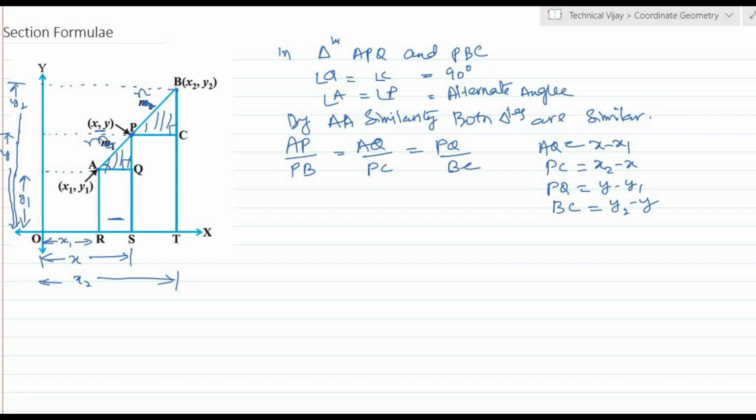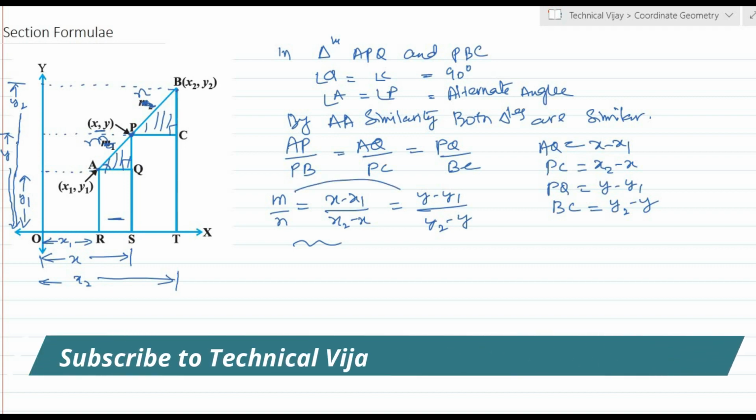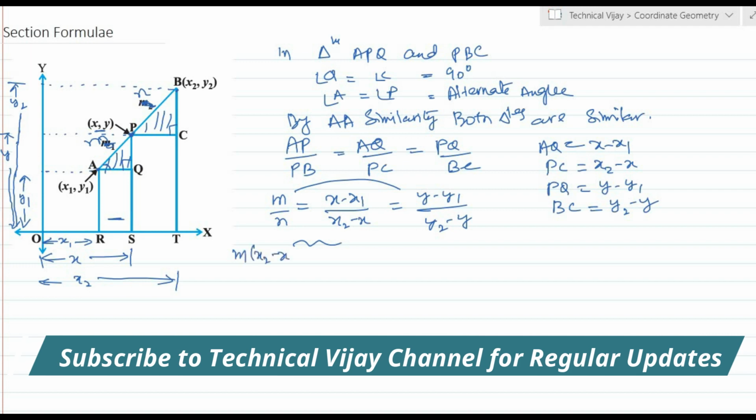AP by PB, AP is m and PB is n. So m divided by n is equal to AQ by PC, that is (x minus x1) divided by (x2 minus x), which is equal to PQ by BC, that is (y minus y1) divided by (y2 minus y). To find the x coordinate we take the first two, and for the y coordinate we take the other two. First the x coordinate: cross multiplying, m into (x2 minus x) is equal to n into (x minus x1).